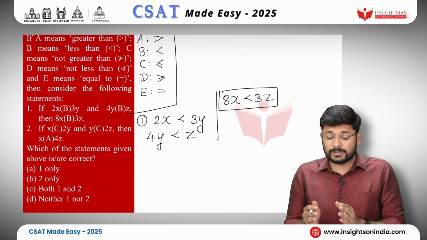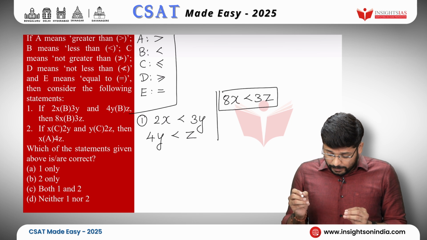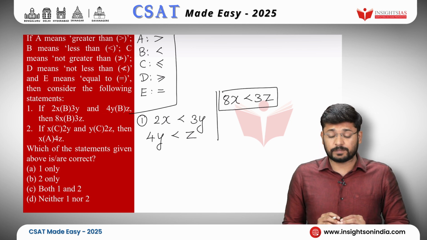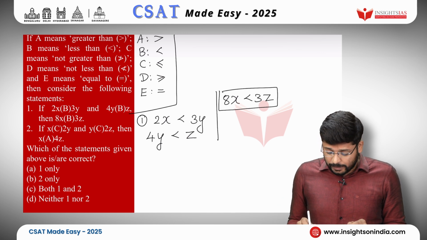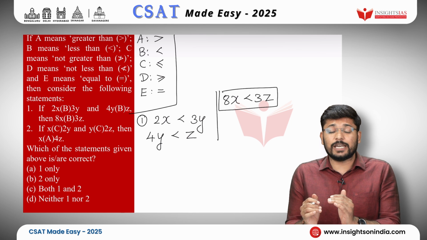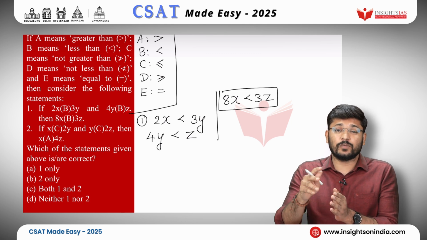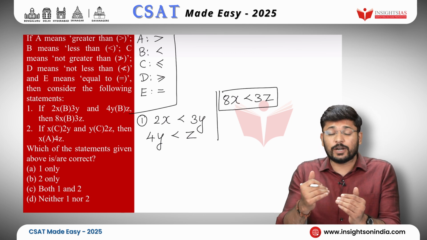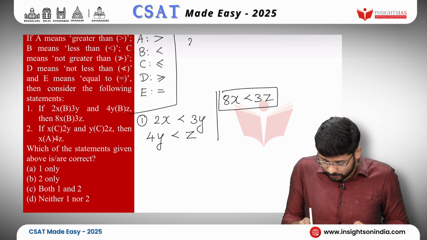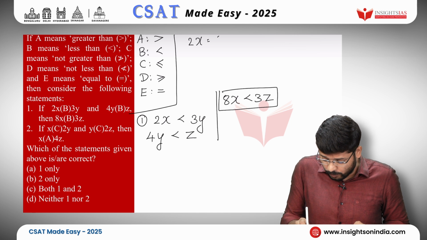So we will express x and z, both of them, in terms of y. How? We can evaluate these inequalities. These are called inequality relations. We can evaluate them because we can solve them or reduce them similarly to how we solve equations. In an equation, if 2x is equal to 3y, we would write 2 by 3x is equal to y, right?